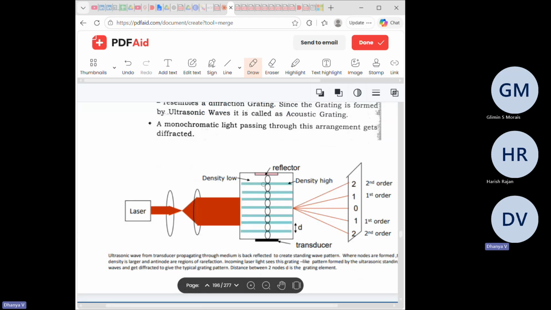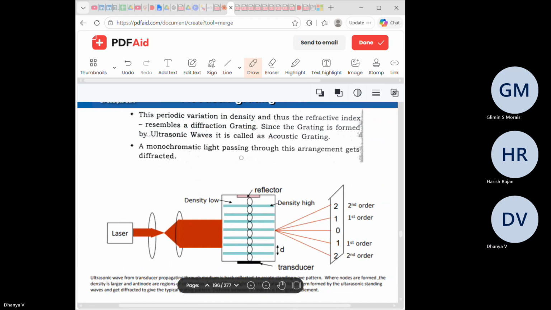This picture conveys it better. So the periodic variation in density. If you see here, the density is high because it's a node, correct? All of these nodes, the density is higher, and in antinodes it is lower. So it forms a series of higher and lower density patterns. So this resembles a diffraction grating.